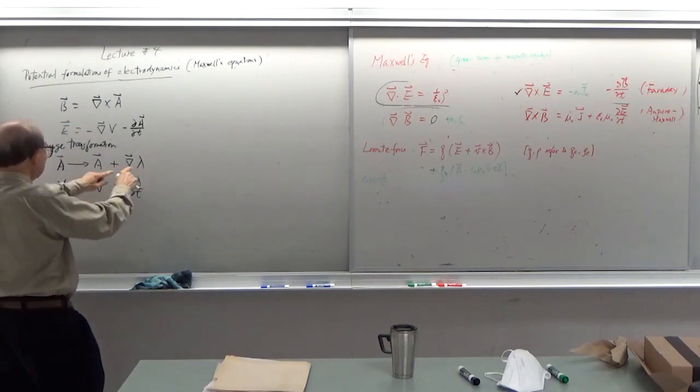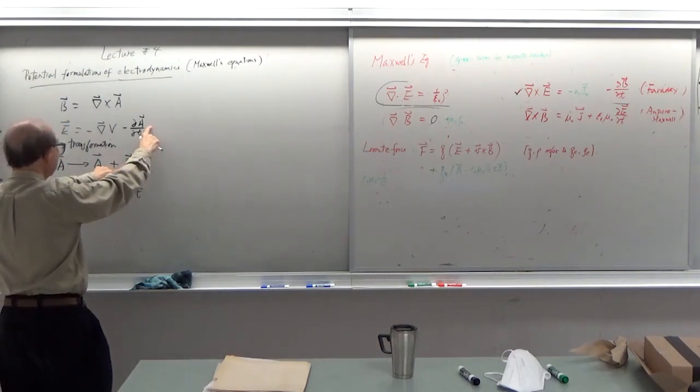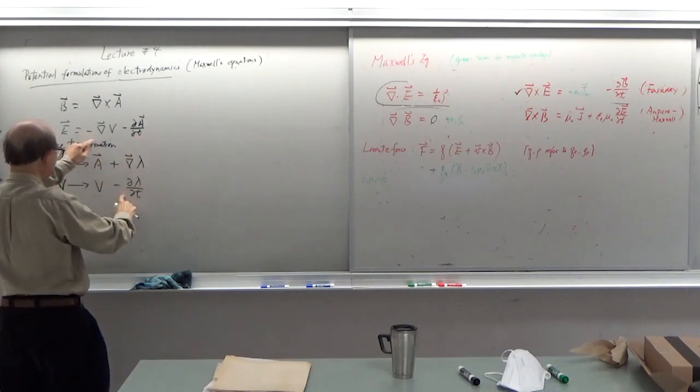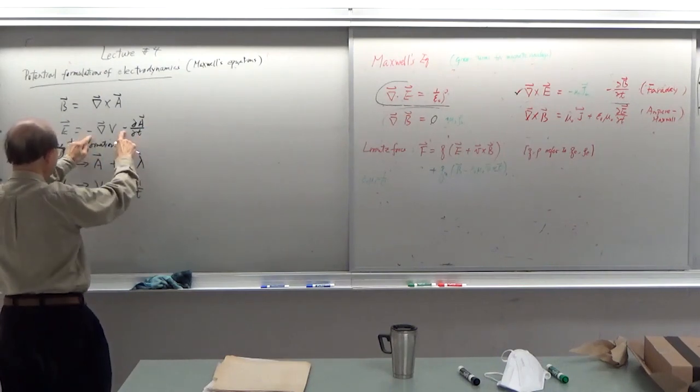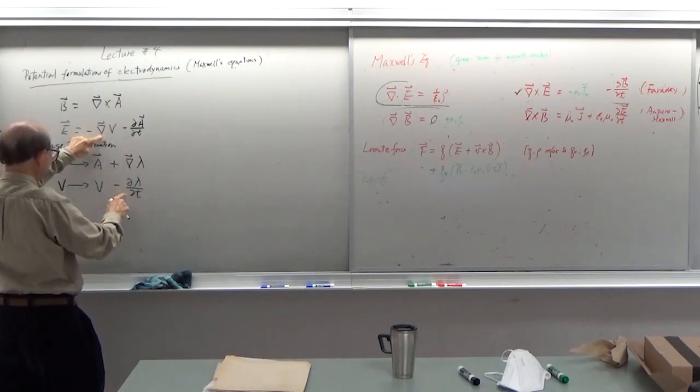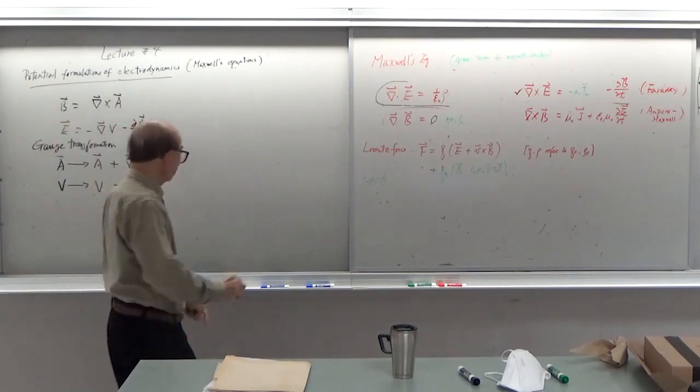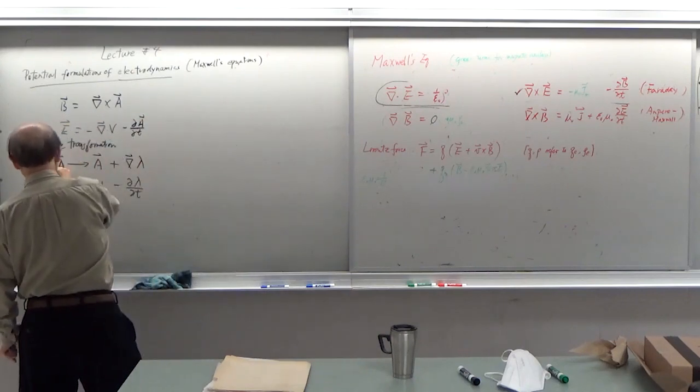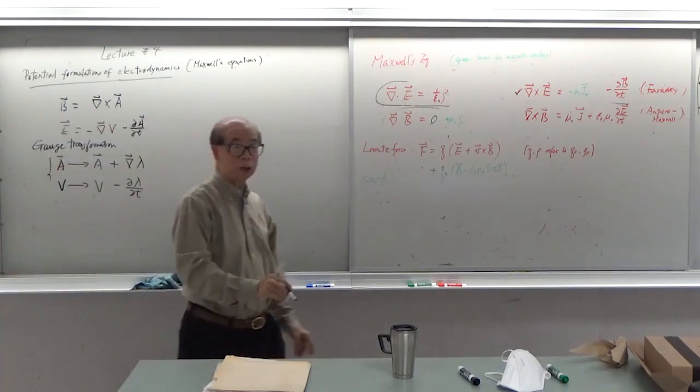Whatever additional term in A will be compensated, let's say the sign is correct, by an additional term coming here in V. So together these form the so-called gauge transformations.